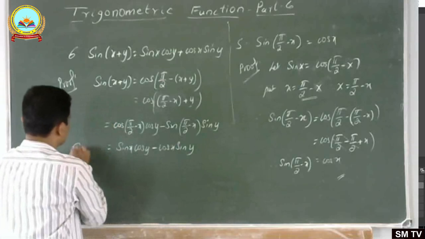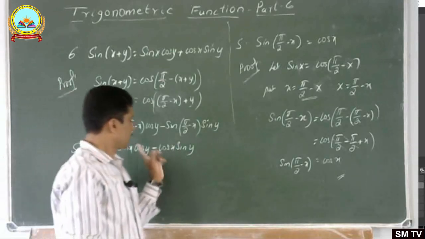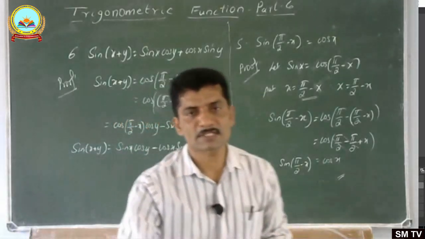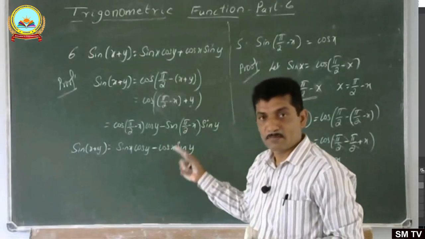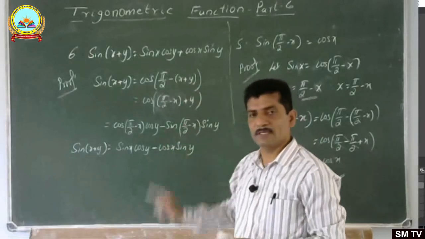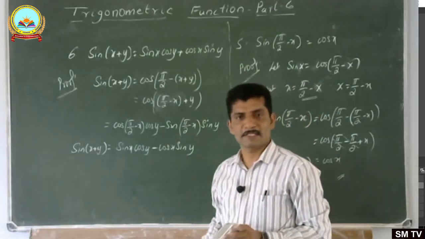Therefore, you say that sin of x plus y is equal to sin x into cos y plus cos x into sin y. This one is the sixth result. Very important results. The proof is very simple using the previous results; a numerical proof is not necessary.